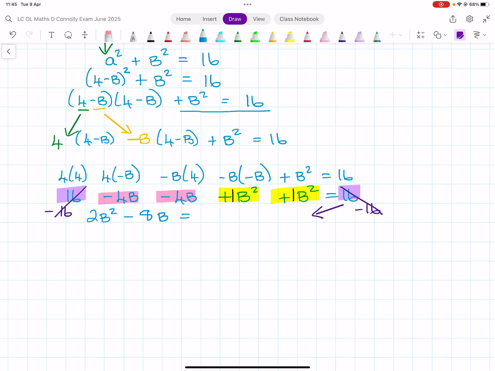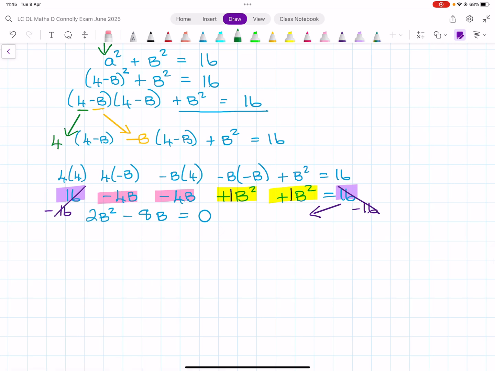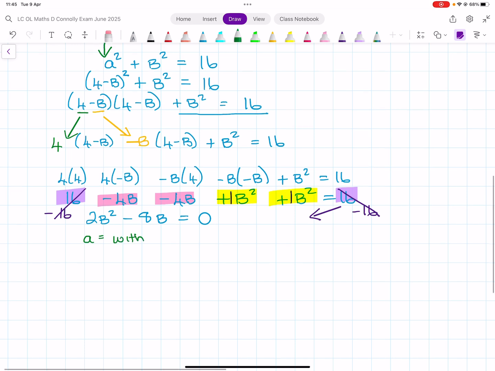Interesting. So, minus b formula, a is with the squared, which means a is 2. B is with the letter, which is minus 8.